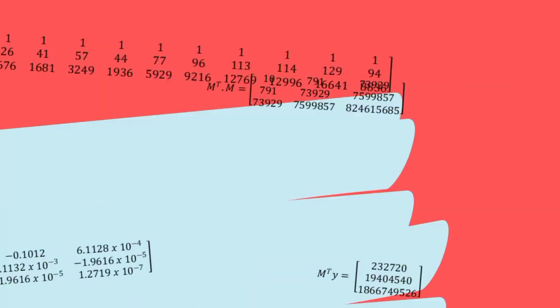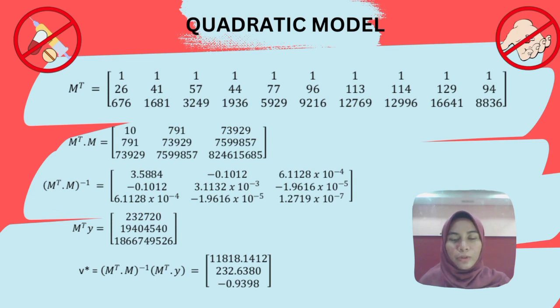From the matrix form, we find m transpose, multiply it with m, inverse the result, and then find m transpose multiplied by y. After we get all the information, we can find the best fit curve using formula v.